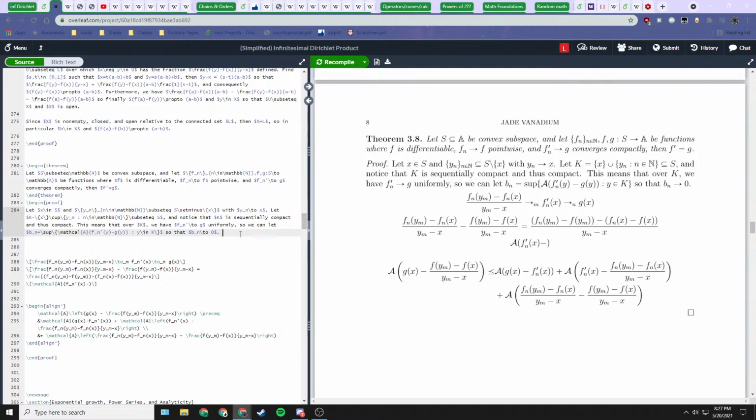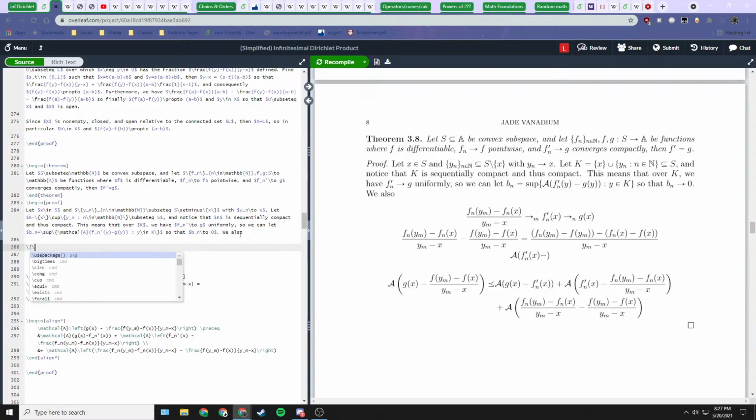Let's try to work something out like that. So we have F_n of y_m minus F_n of x over y_m minus x, and we want to compare this to F_m of y_i, I'm going to need another letter, y sub i.